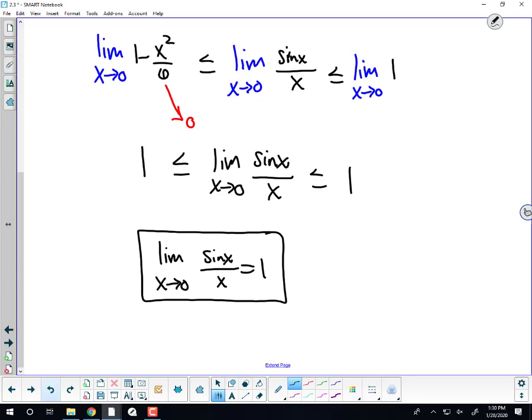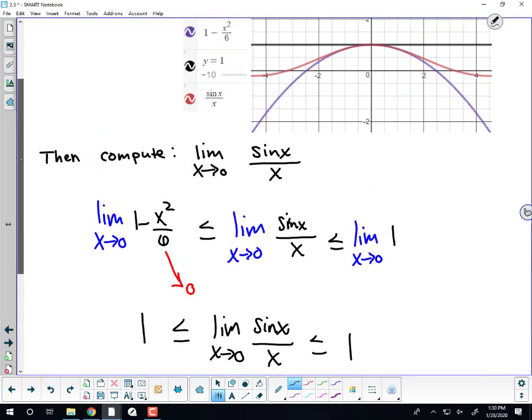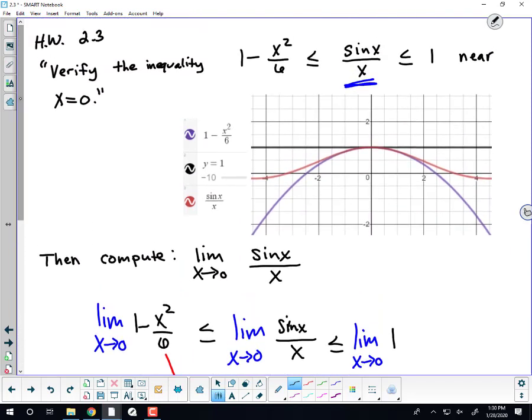Anyone have any questions or comments on that? It'll probably be an exam question with something like this, but it'll be a short answer, because these things should be pretty straightforward after we finish chapter 2: just evaluating the limits on the ends to determine the limit in the middle.